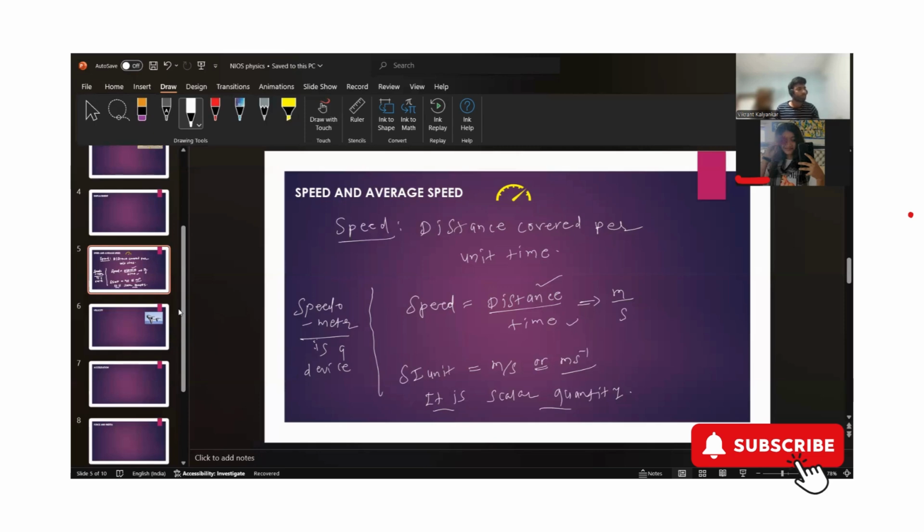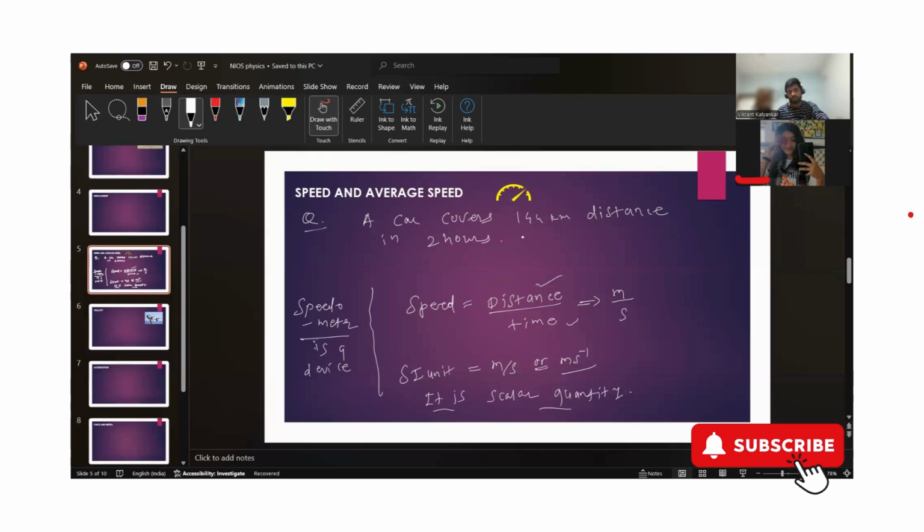Done, sir. Okay, now I have one numerical for you based on speed. Suppose a car covers 144-kilometer distance in 2 hours.